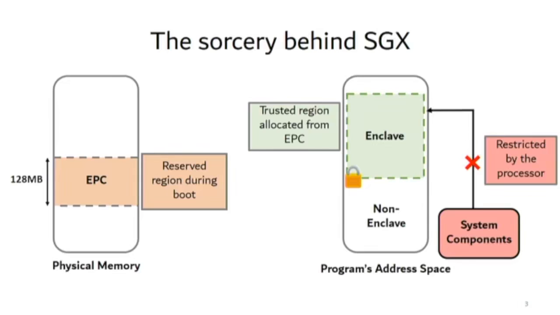So in that sense, you've technically created a very secure space within your program's address space where you can execute code, where you can store your data and do whatever you want, and sort of think that everything is happening very smoothly and very securely. So this is a very brief overview of how Intel SGX works and how Intel SGX programs operate.